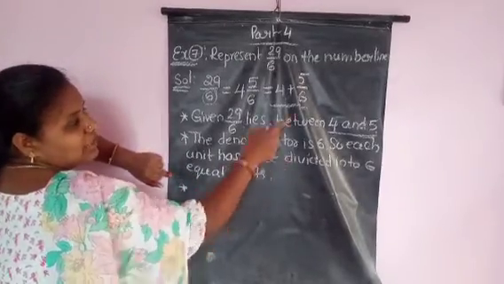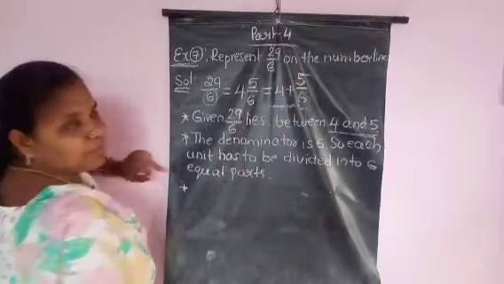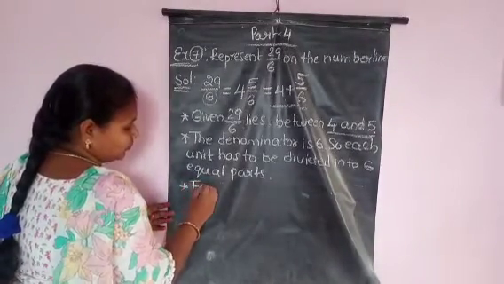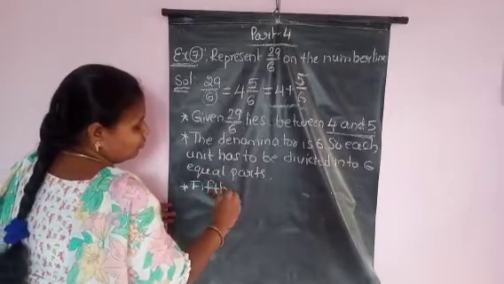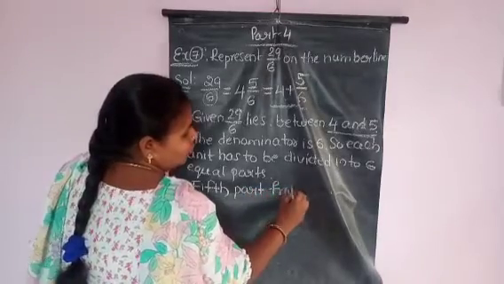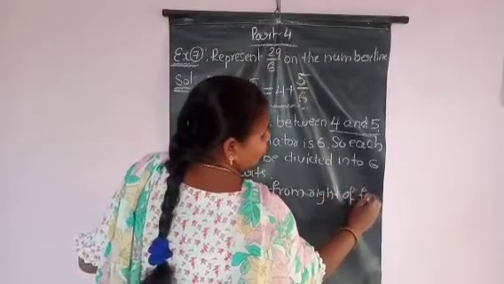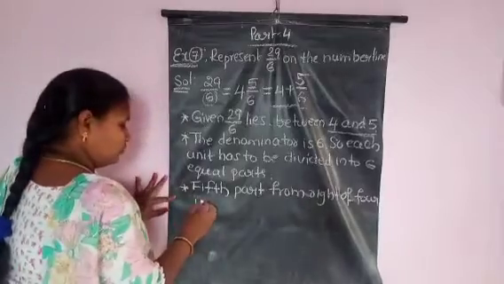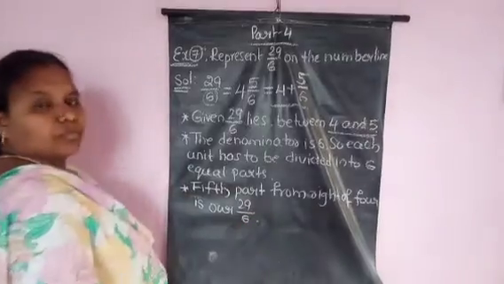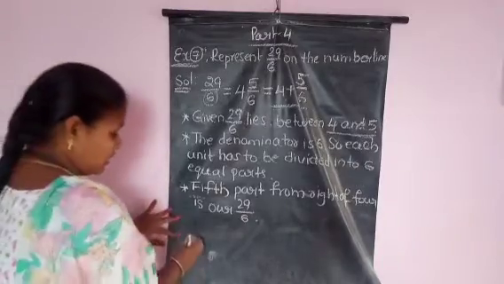Between 4 and 5, the 5th point from the right of 4 is 29 by 6.